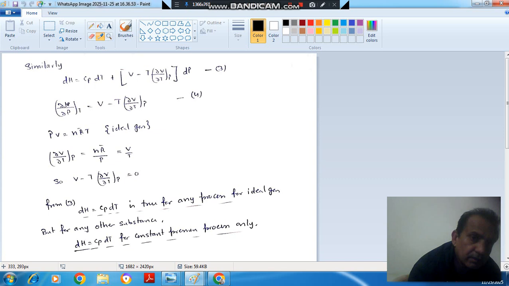So it is not varying with pressure at constant temperature. In the same way we can derive that it is not varying with volume at constant pressure. Okay, so this is the application of the energy equation.